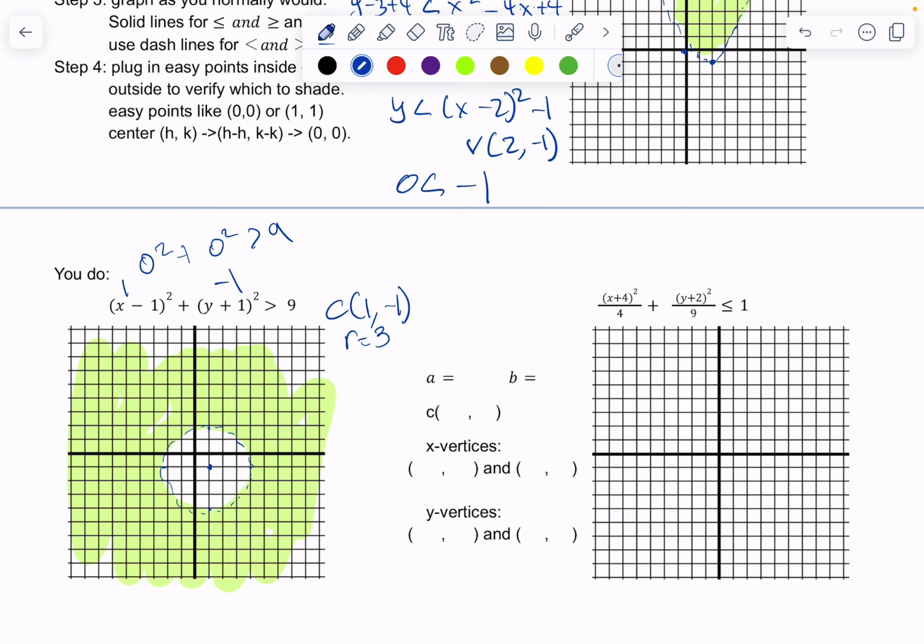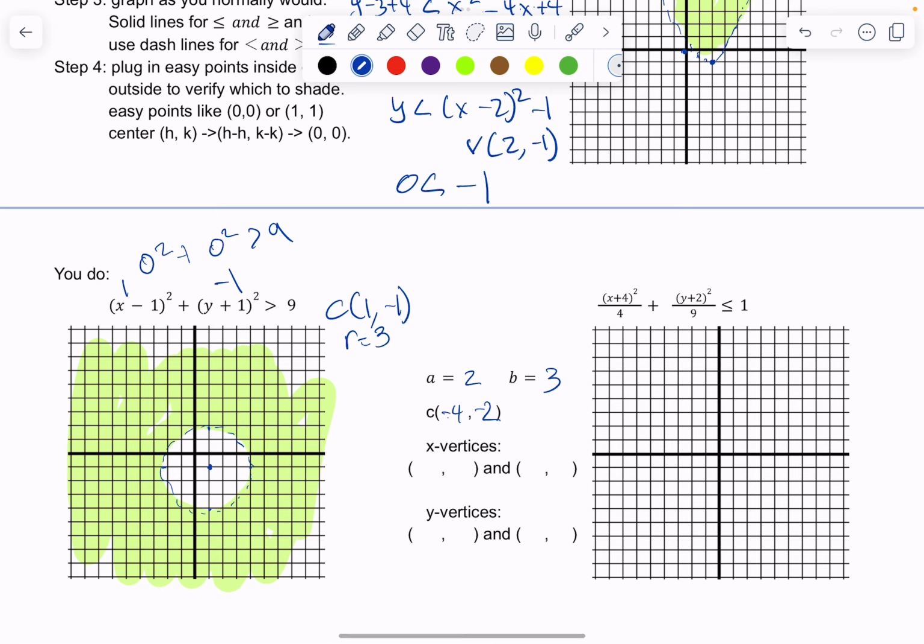All right, next one up. These are all for you to do, so pause the video as you deem necessary. I will finish them so that you have that as a record, but I want you to practice yourself. Here we go. My a's are going to be 2 and 3. My center is going to be negative 4 and negative 2.